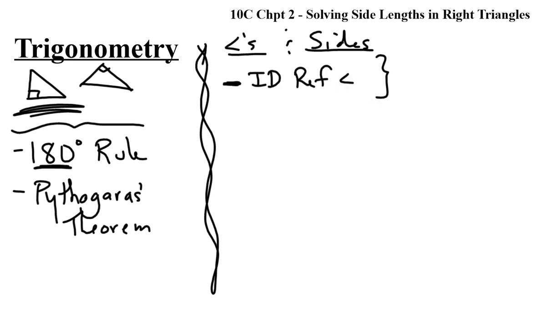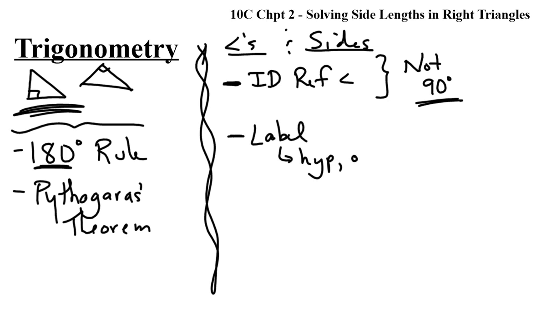Remember, you have two angles to choose from because you never choose the 90-degree angle as your reference angle. And the reason the reference angle is so important is because we have to label our sides hypotenuse, side opposite, and side adjacent. And that can only be done once you know which angle you're working with.